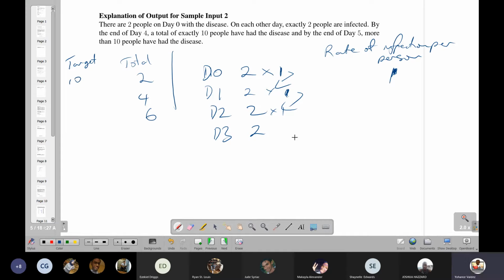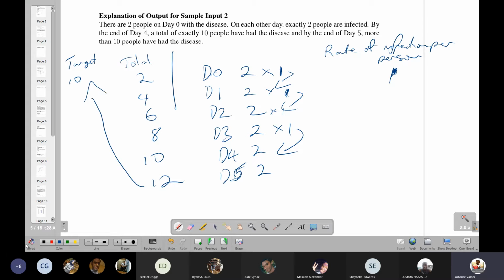So on day 3, 2 new people will get affected, carrying it up to 8. And on day 4, 2 more people would have been affected, carrying it up to 10. By the end of day 5, 2 new people would have been affected, so that would have been 12, which would have surpassed our target.